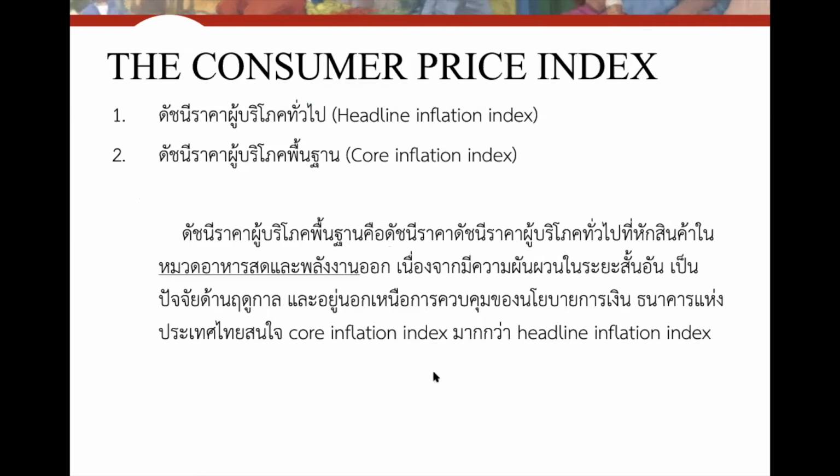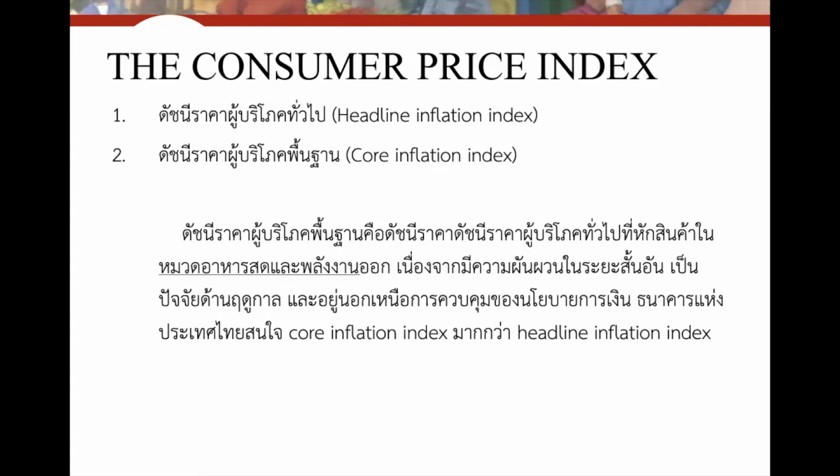In this one, we have the English version in your slide, but I just want to make it clear for the Thai students that we have two types of CPI. The first one is the headline inflation index, and the second is the core inflation index.